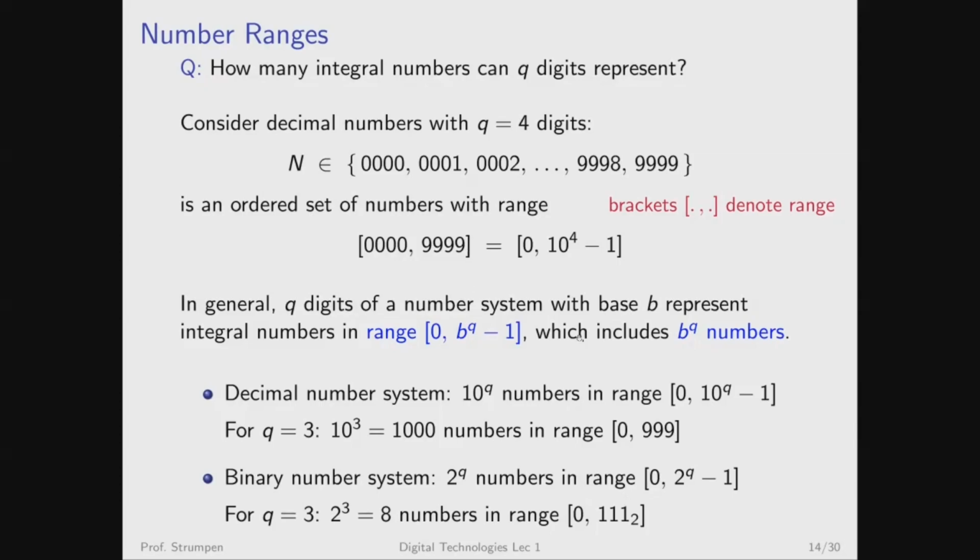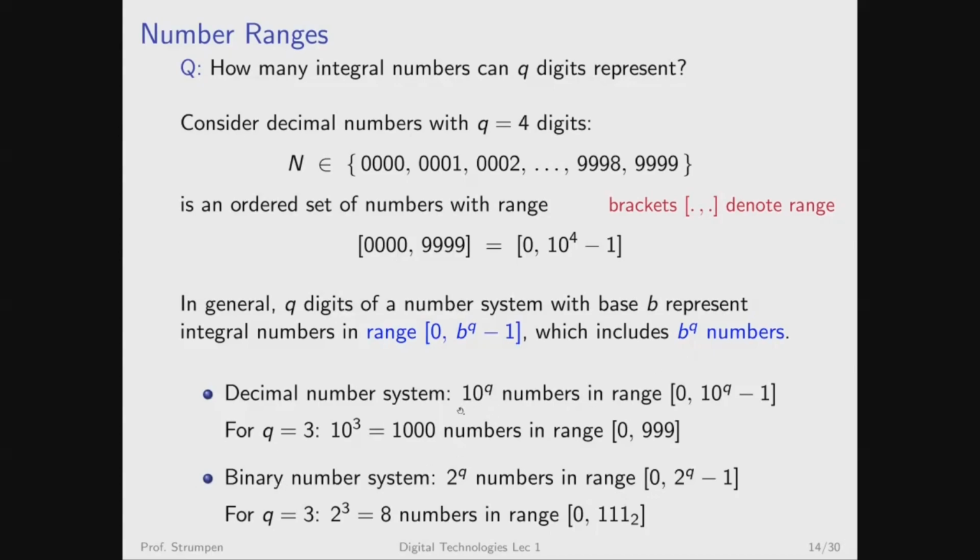Well, that observation generalizes. Right? If you have q digits for a number system with base b, you can represent all integral numbers in range 0 up to b to the power of q minus 1 with q digits. And the number of numbers in this set, denoted by the range, is exactly b to the q numbers.